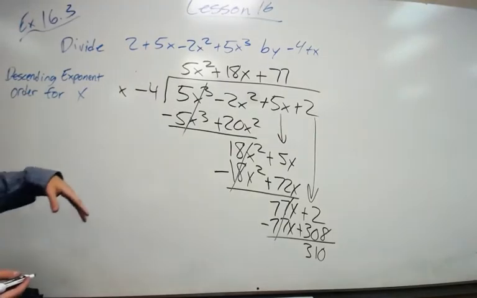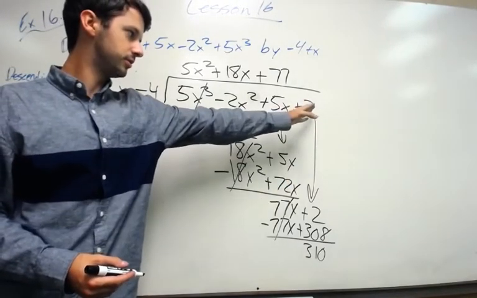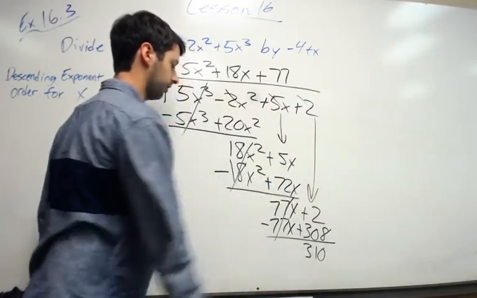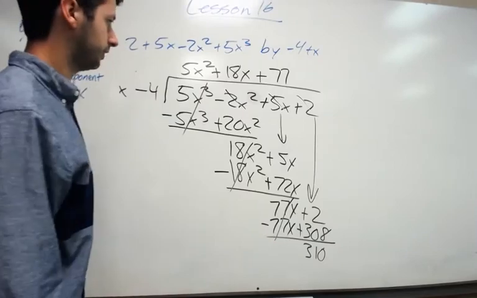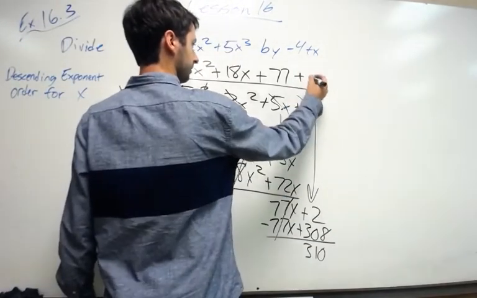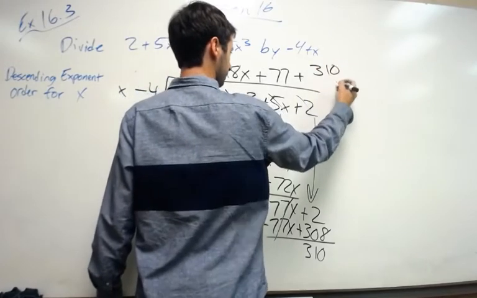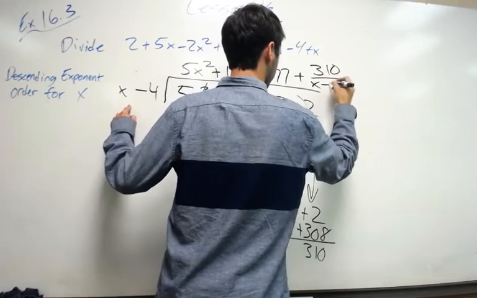Now, we don't go any further from here. We're out of numbers. We've used all the numbers. So this is our remainder. So we write, since it's positive, you write plus 310 over your remainder, or over x minus 4.